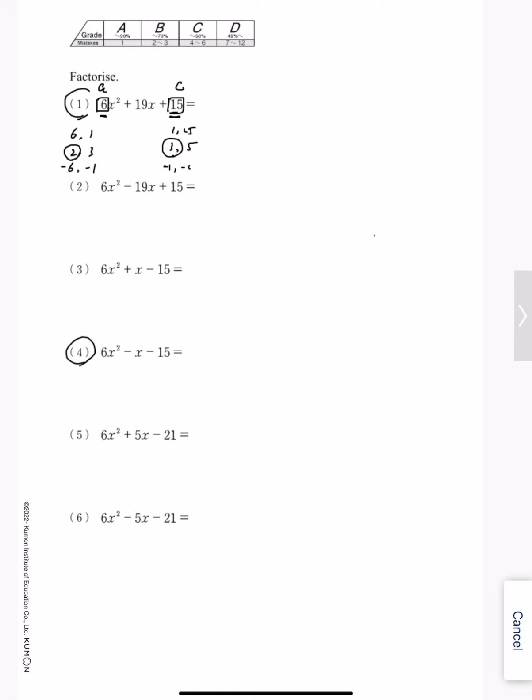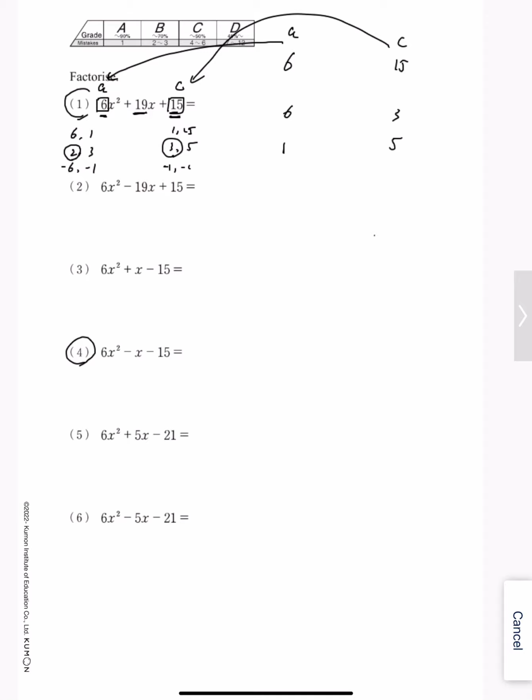And when we multiply them and add them together, we're going to have the number 19. Let me clarify this one more time. Let's say we're taking the factors 6 and 1 from the 6, and also the factors 3 and 5 from the factors of 15. So this is my A, this is my C, according to what I see over here.